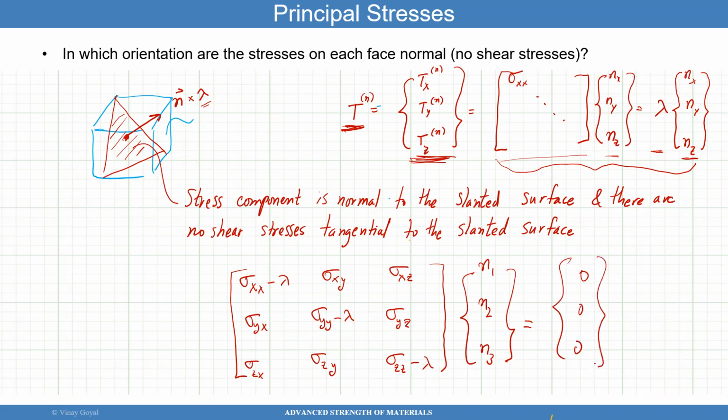If I bring the right-hand side to the left-hand side, it has to be that way. There's no other way, right? That's what you get when you do that calculation.